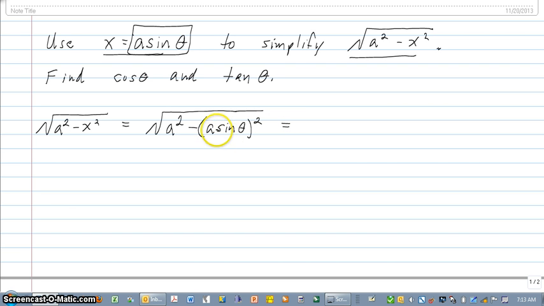Okay, so using my rules of exponents, I've got a squared and sine squared, all under the square root, and both of those terms have an a squared, so I can factor an a squared off.